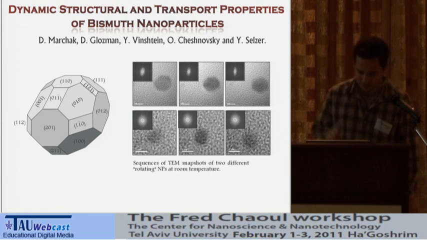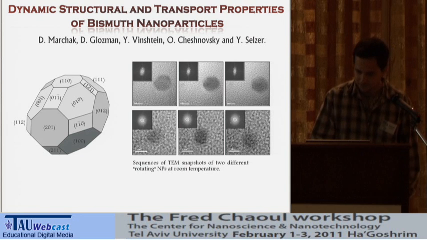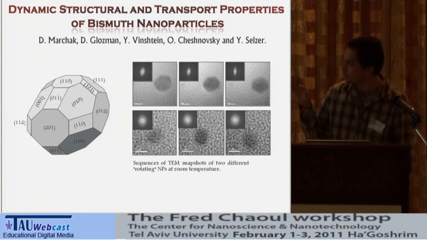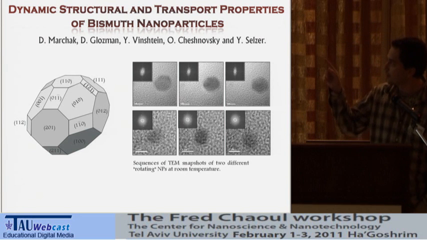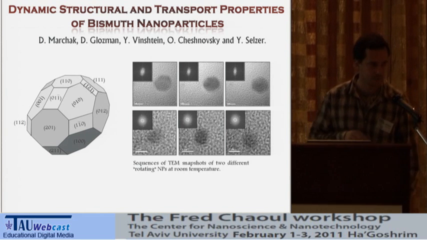I'll explain it to you personally near the poster. They are highly anisotropic particles. If you look at them in TEM, you can see that those particles are constantly rotating under the beam of the TEM.